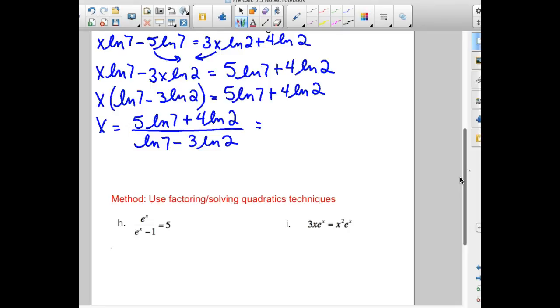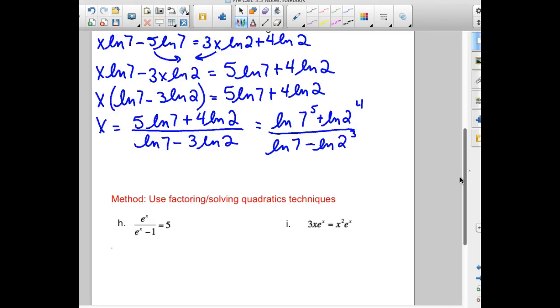So those numbers that are in front can go back as powers. So this becomes the natural log of 7 to the 5th plus the natural log of 2 to the 4th. On the bottom we have the natural log of 7 minus the natural log of 2 cubed.